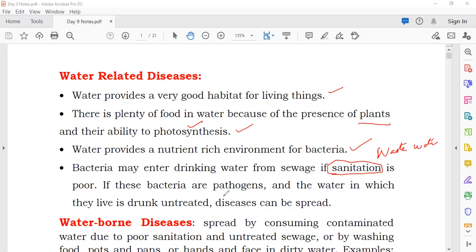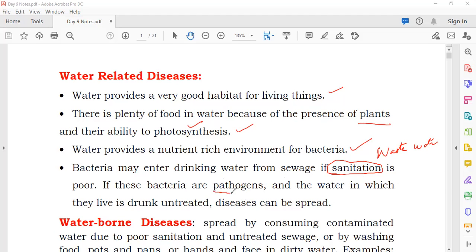So if these bacteria are pathogens and the water in which they live is drunk untreated, meaning you drink it without cleaning, it can create a lot of diseases. So this is the main reason why water is a good habitat for those kinds of organisms. Here they use the word pathogens.